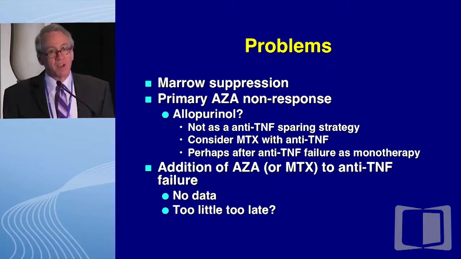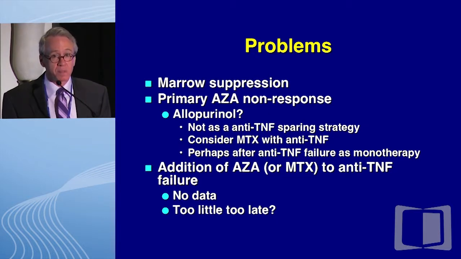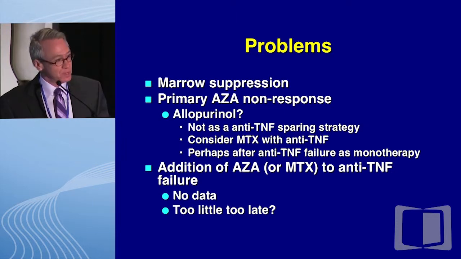And this is a potential strategy, but one that I think needs to be taken very seriously. The problem with this strategy is, number one, bone marrow suppression. When one wants to undertake this strategy, I think one needs to do this with appropriate trepidation. You want to use very low levels of azathioprine or 6-MP.